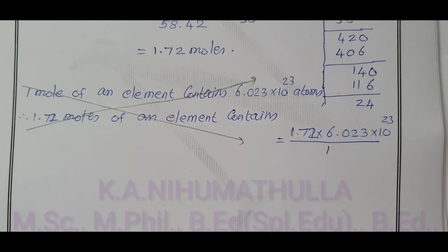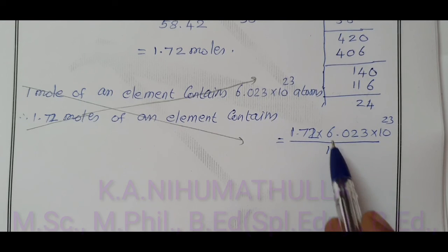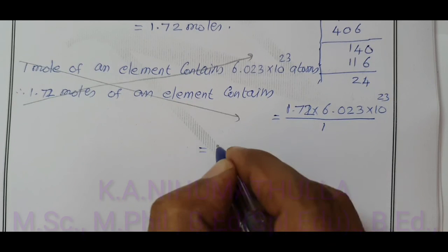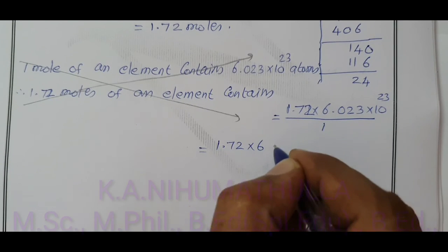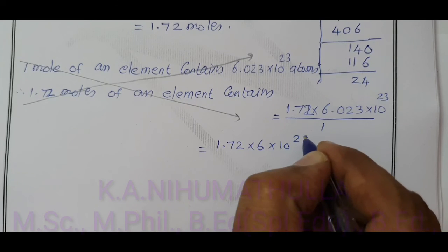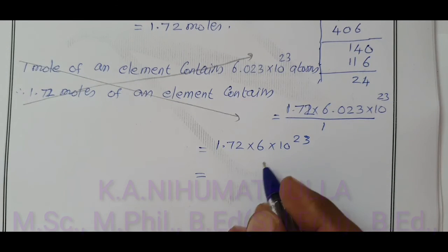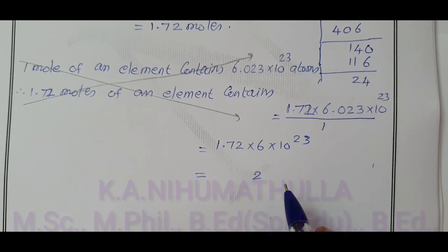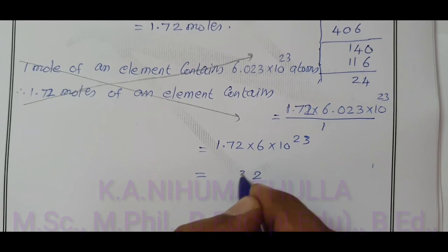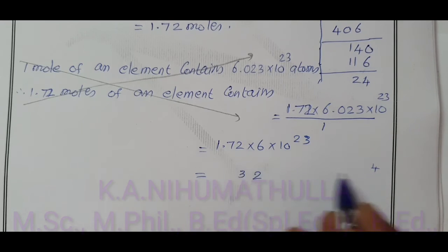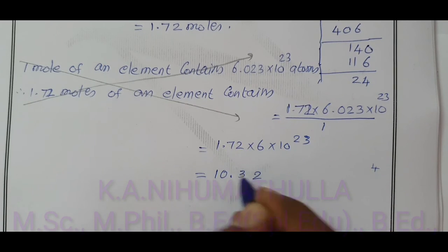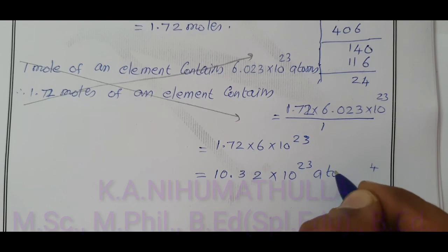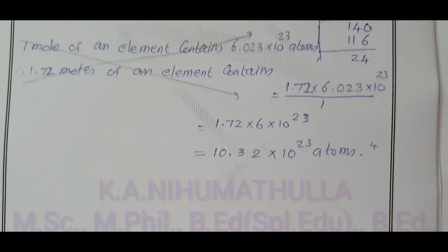We can also simply multiply these two values by taking 6 as the constant value, that is equal to 1.72 into 6 into 10 power 23. 6 into 2 are 12, remaining 1, 6 into 7 are 42 plus 1 equal to 43, remaining 4, 6 into 1 equal to 6 plus 4 equal to 10.32 into 10 power 23 number of atoms present in 100 gram of an element.